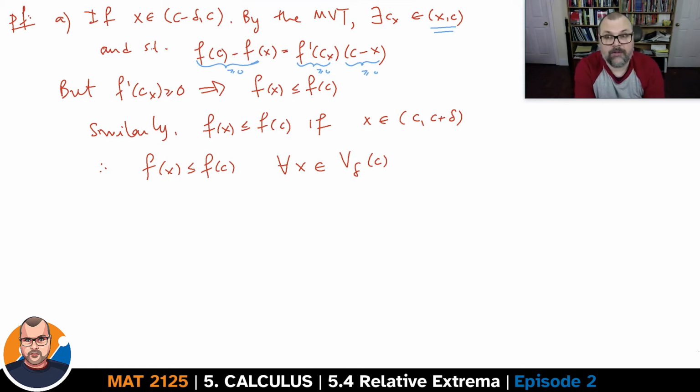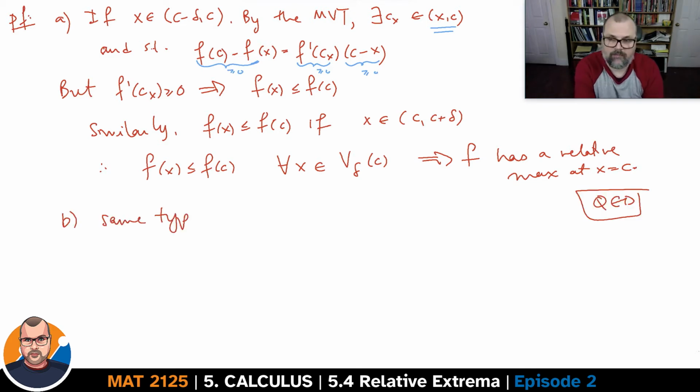It's true in the first case, it's true in the second case, so it's always true. So what we have, by definition, is that the function f has a relative maximum at x equals c. f at c is greater than f at x for all the points in the neighborhood.